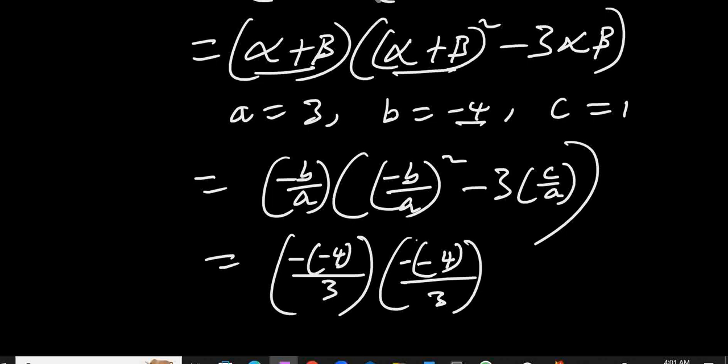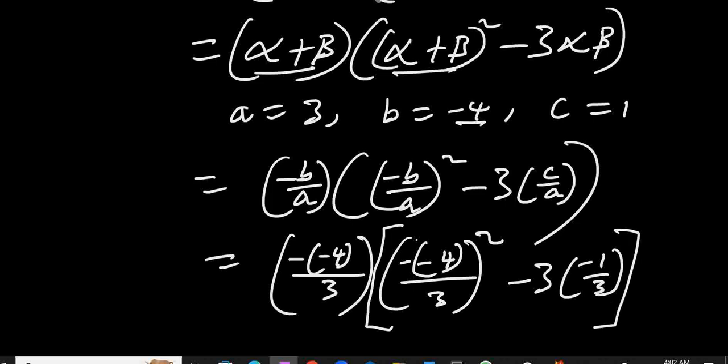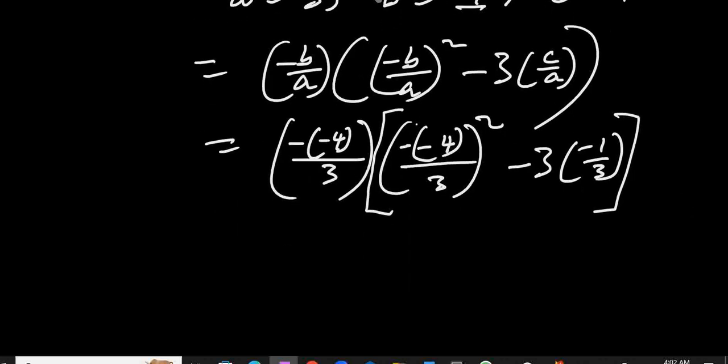We need to square this, minus 3 times negative 1 over 3. So let's just put this in a block bracket, and this negative multiply this negative, and that will become positive. So we have positive 4 over 3.